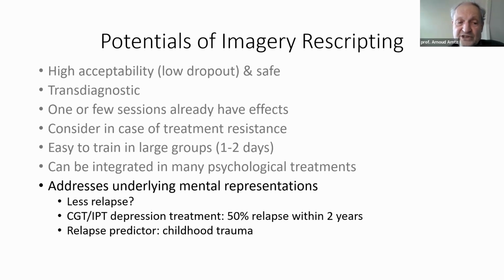And there are research indicators for this. We know that there is a very important predictor of the chance of relapse, and that is childhood trauma. The more adverse, negative experiences in childhood reported by patients, the higher the chances that there will be relapse after an initial successful treatment, pharmacological or by CBT or IPT.